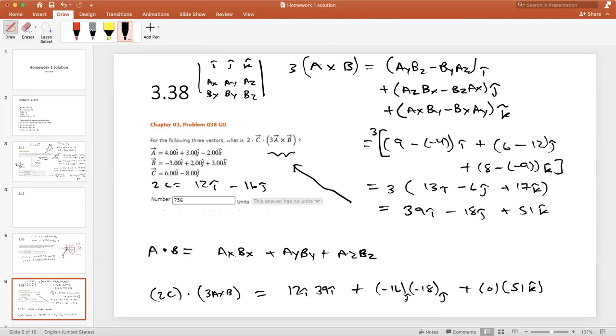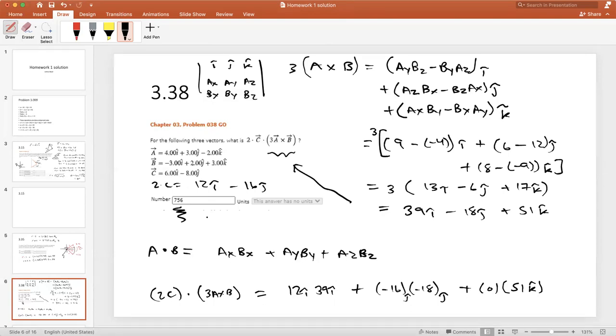And so what do I get here? When I do this in my calculator, 12 times 39 is 468, and 16 times 18 is 288. If I add those two numbers together, I get, no surprise, 756, which is our answer right here.